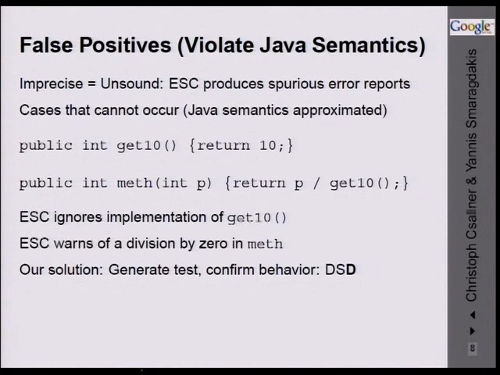But since EasyJava looks at every method in isolation and it does not have any pre and post condition of that other method, it just says, okay, for get10, anything can happen, so it might return 0, and there's a potential division by 0 exception. And it will warn the user, and the user will become annoyed because this is clearly a false positive.